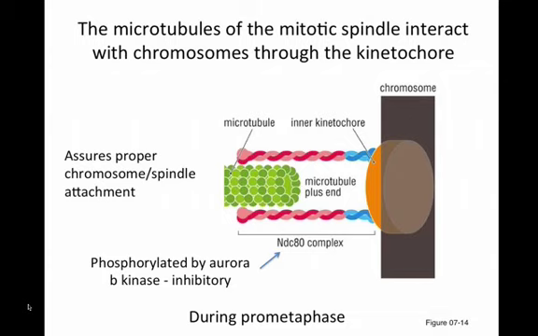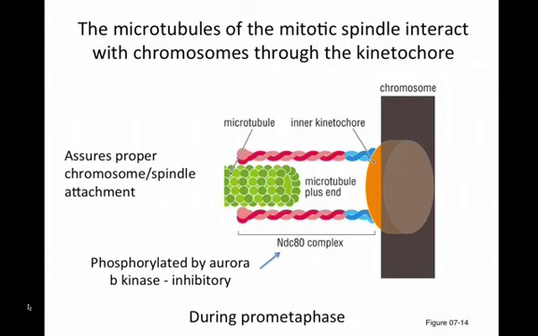Here's your chromosome. This is your kinetochore here, and then there's this protein complex that anchors your mitotic spindle to your kinetochore. Okay? And basically, it acts almost like a collar that's around the microtubule, and it slides back along the microtubule as the disassembly of the microtubule occurs. And that's what separates your chromosomes.